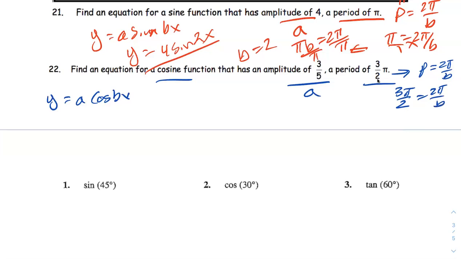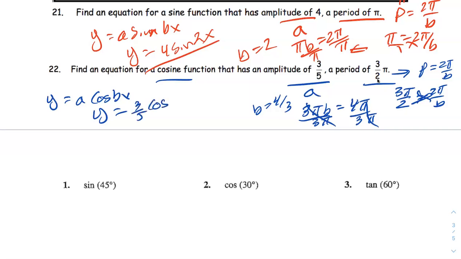So all we gotta do is cross multiply and solve. Cross multiply, I get 3 pi b equals 4 pi. Divide by 3 pi. Cancels out, b equals 4/3. So now we have everything we need. y equals 3/5 cosine of 4/3 x. And there you go, that's the answer for that one.